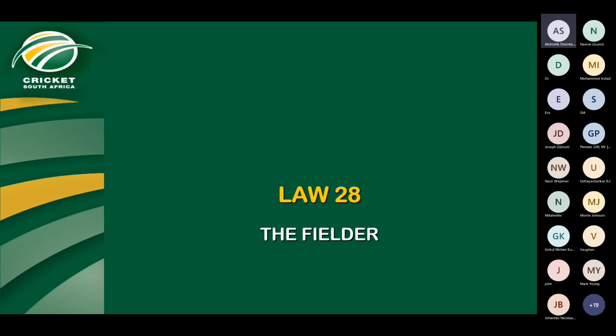But when do you call and signal no ball and dead ball? And this is where the no ball law comes into effect. So you will do it when the ball pitches partially or totally off the pitch. If you can visualize the bowler bowls the ball and it pitches off the pitch, after pitching off the pitch, you will call and signal no ball.